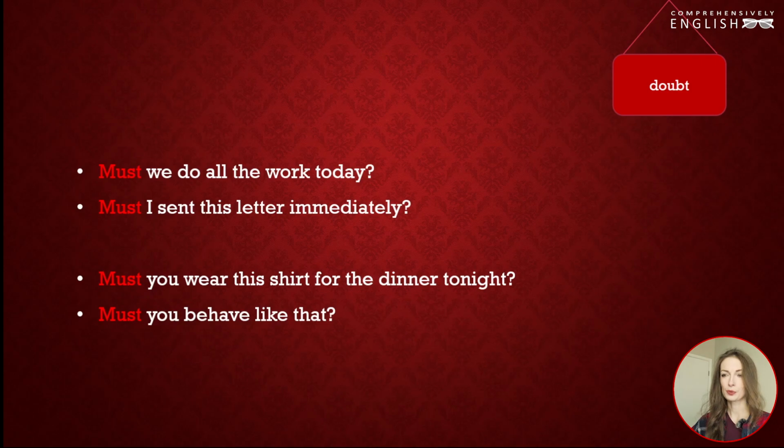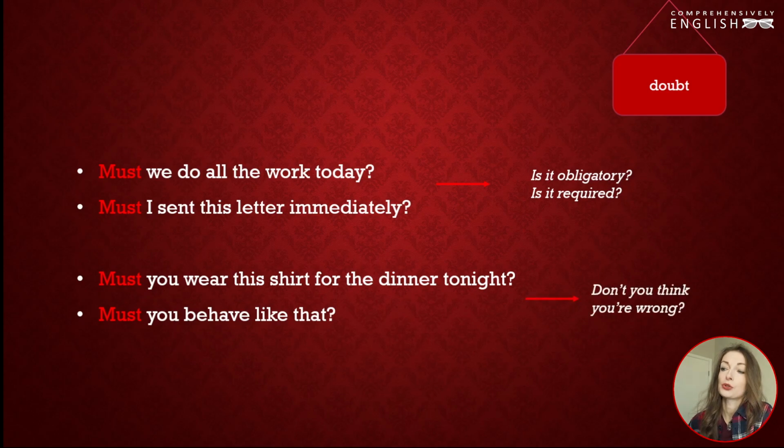You look stupid, or it's just inappropriate for this particular dinner. Why do you really want to wear this shirt? That's what we are really asking here. Okay, so once again, the first set: is it obligatory? Is it really required? The second set: don't you think you are wrong? That's what we actually mean.